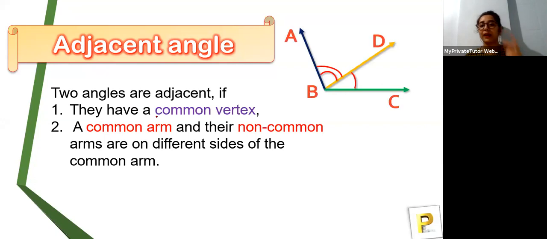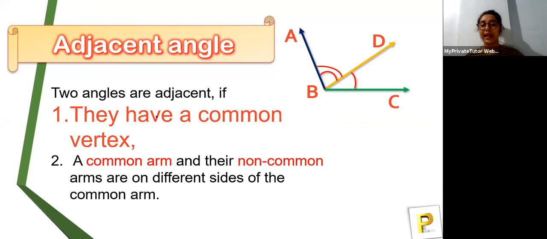Here we have angle ABD and we have DBC. They have a common vertex. If you see ABD and DBC, both of them have a common vertex. And what is that common vertex? That is B, right? And hence the first condition is common vertex.